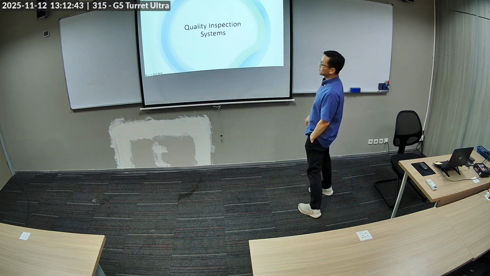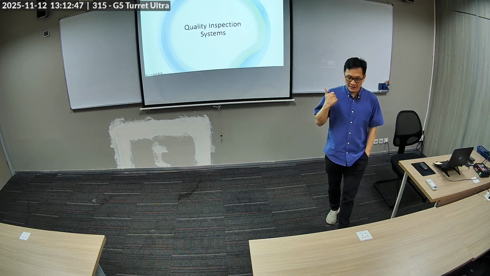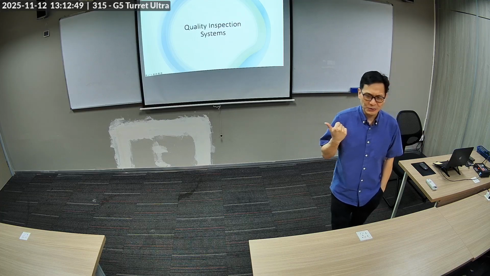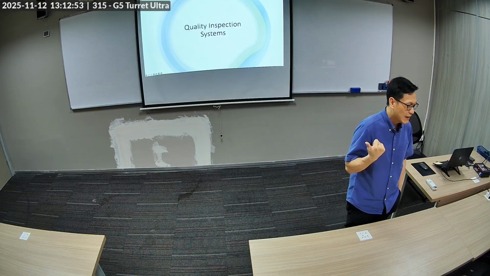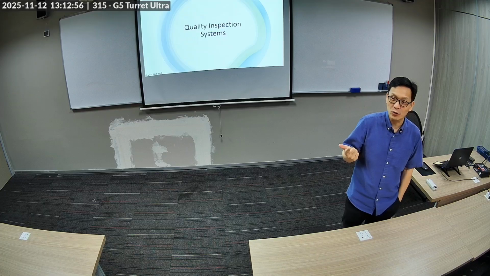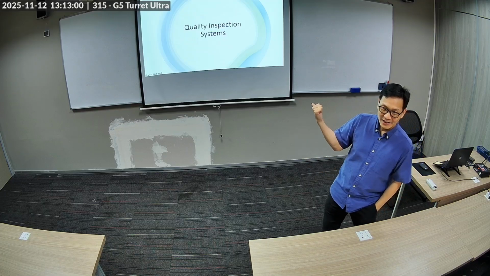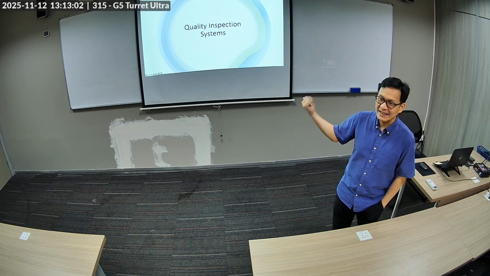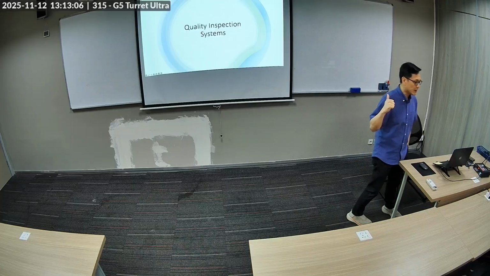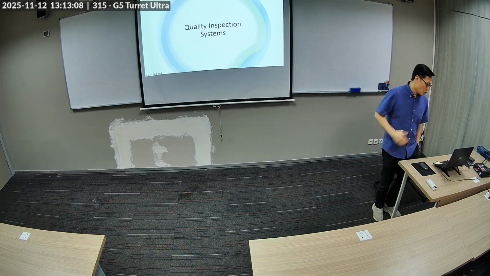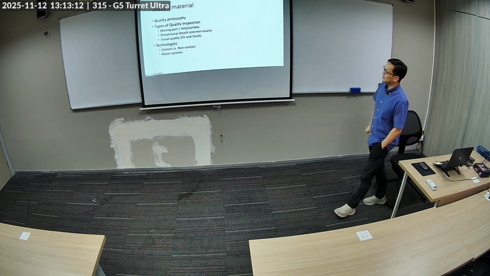Quality inspection system is one of them, right? Because it's something you have to do, but you don't want to do it if you don't have to, right? If your process results in 100% yield, you wouldn't have this. So this is like a necessary evil kind of process. This is what you automate because you want to spend as little as you can to get this done, right?